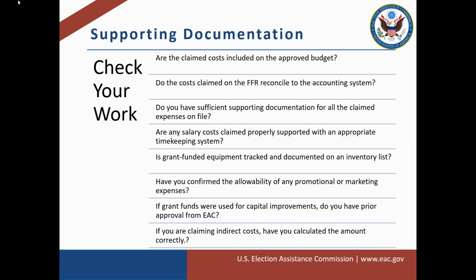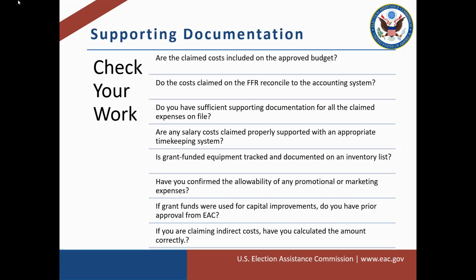Most of them are related to promoting the organization overall, but expenses for communication to voters and so on are definitely allowable to give them information about how to register and how to vote. It's just the promotional or marketing of the organization itself that's unallowable.